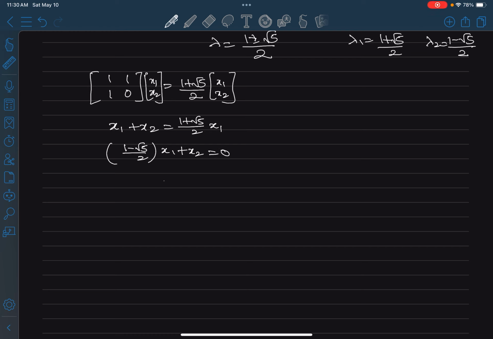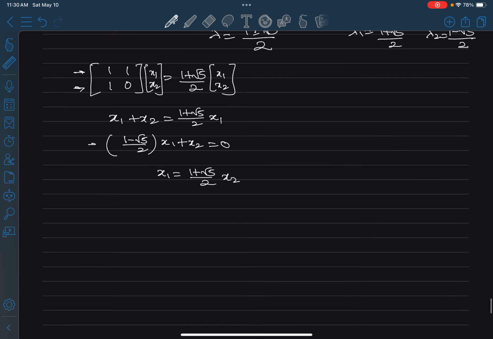Similarly, the other equation will be x1 is equal to (1 plus root 5 by 2) x2, right? The second equation from the second line. From the first line, this is the equation from the first line. Okay, so now this becomes x1 minus (1 plus root 5 by 2) x2 is equal to 0, right?